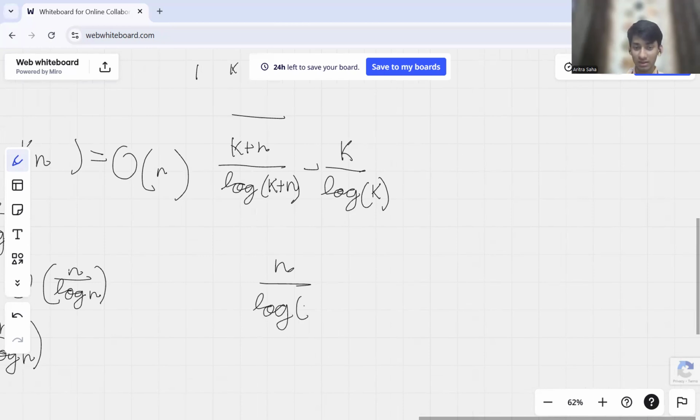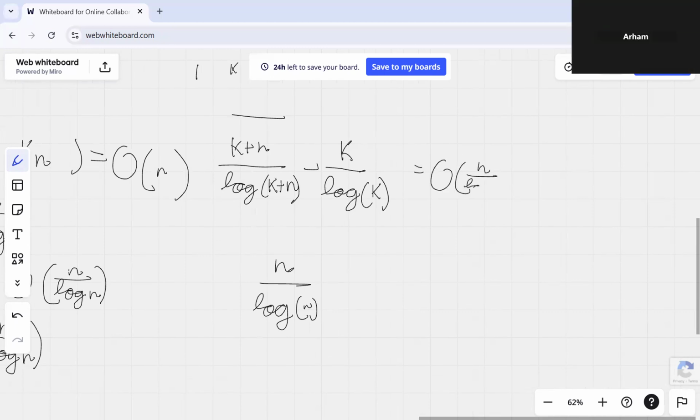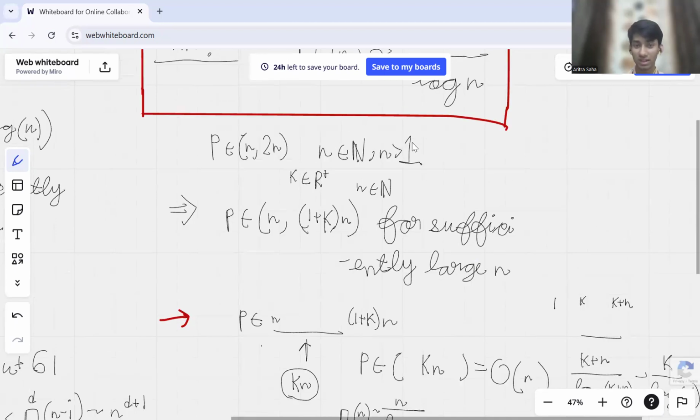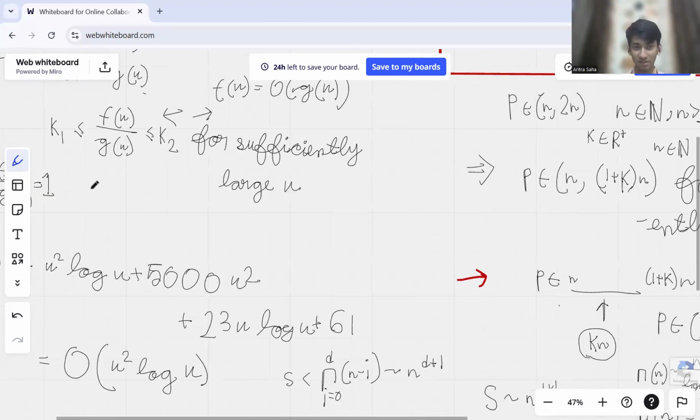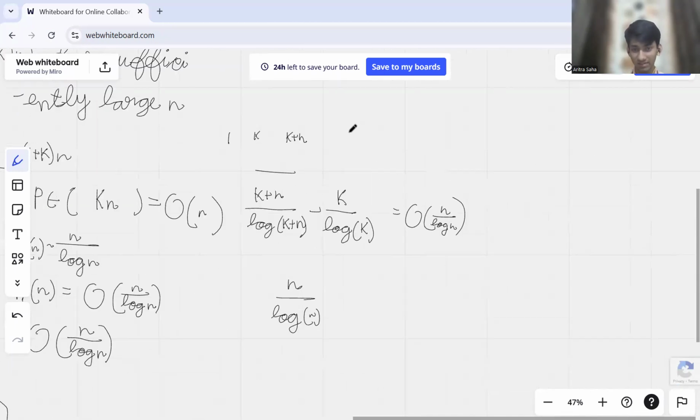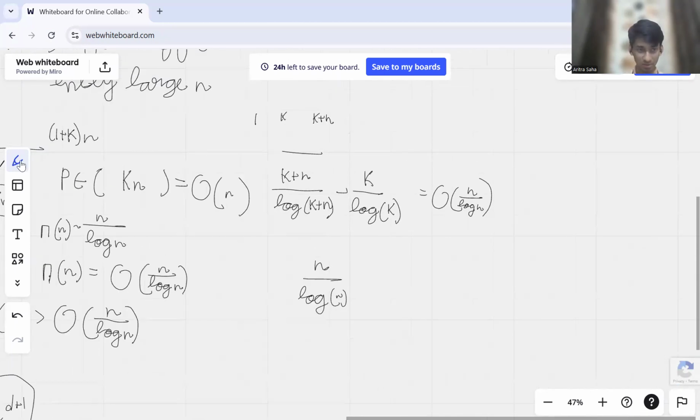So this is actually O of n by log n. Oh, okay, I see. And see, there will be constant factors, but we don't need the constant factors. We can use the formal definition of this thing, and we don't care about those constant factors that we'll get in the process.